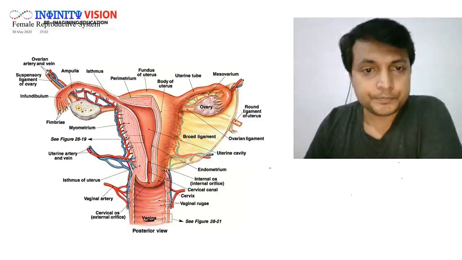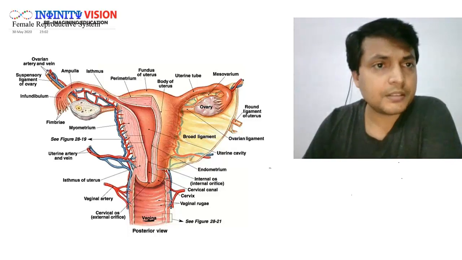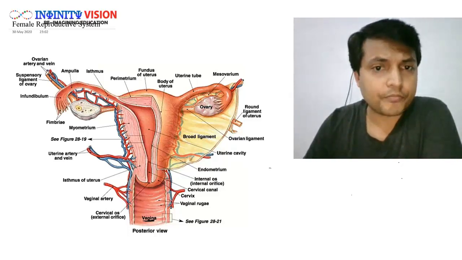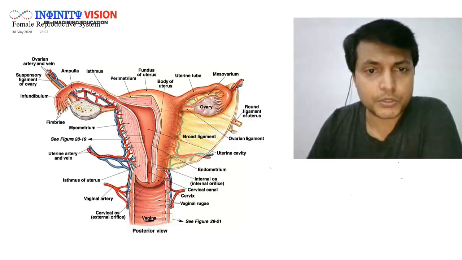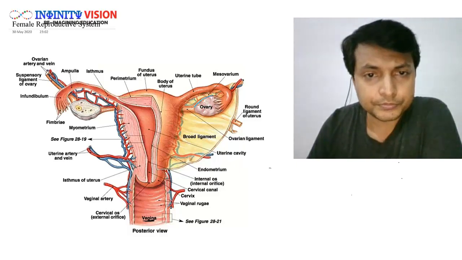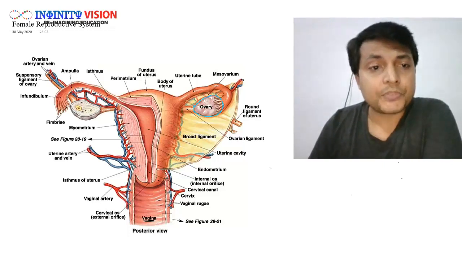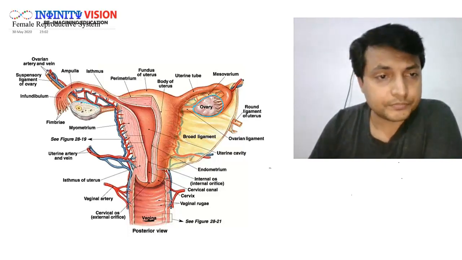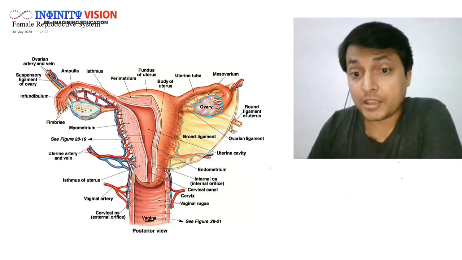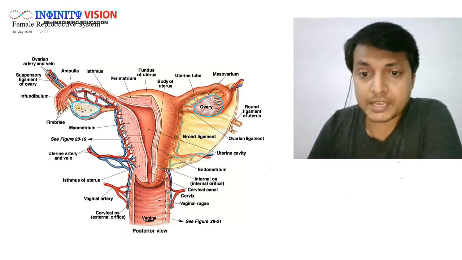Can you see ovaries? Let me mark it out. Let me use blue. Can you see the ovary? There are two of them. That is, one pair of ovaries is present in each normal female, right?